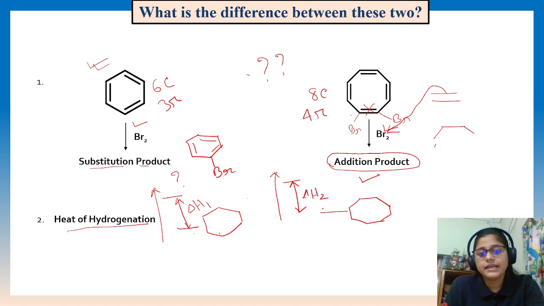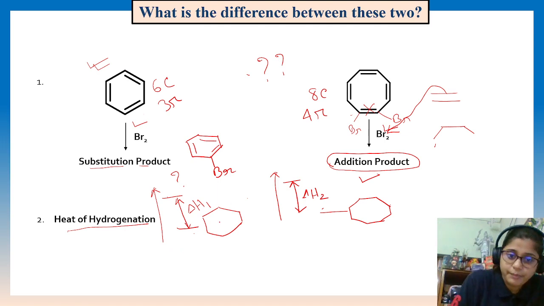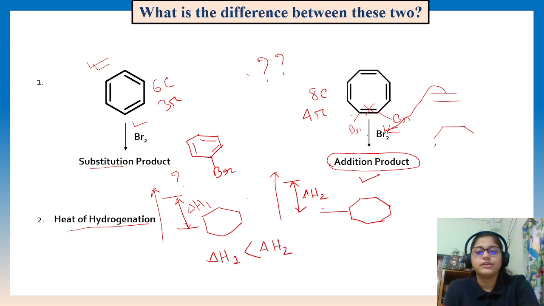It is seen that the heat of hydrogenation for benzene is less than that of cyclooctatetraene, but they are the same kind of molecule having these double bonds. So why is there this kind of difference?